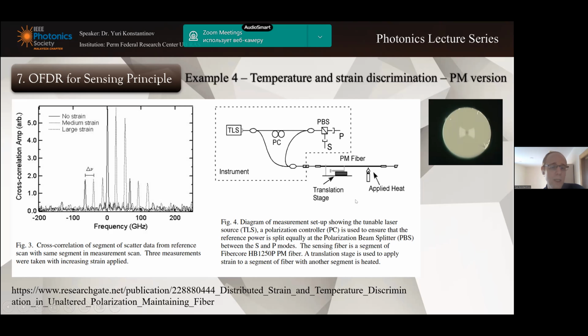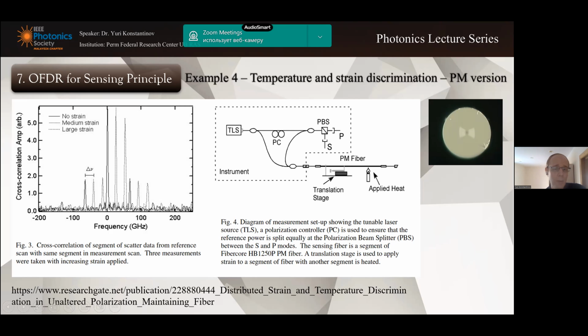And what we can see at the cross correlation plot, we could obtain two peaks, and they correspond to polarizations of the light, and this length is proportional to the birefringence.